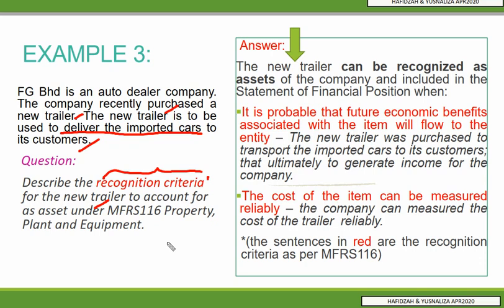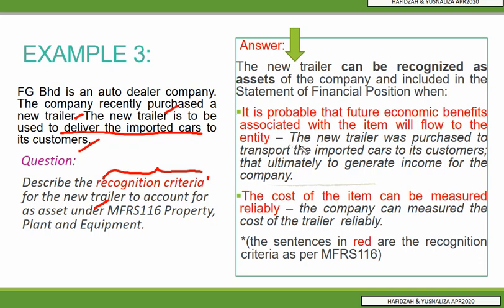Under MFRS 116, the answer: the new trailer can be recognized as an asset of the company and included in the statement of financial position. You must answer using the recognition criteria as we looked at earlier. The first one: it is probable that future economic benefits associated with the item will flow to the entity. How do you answer this?